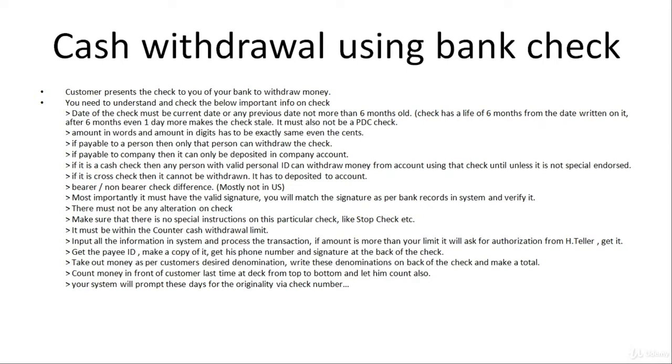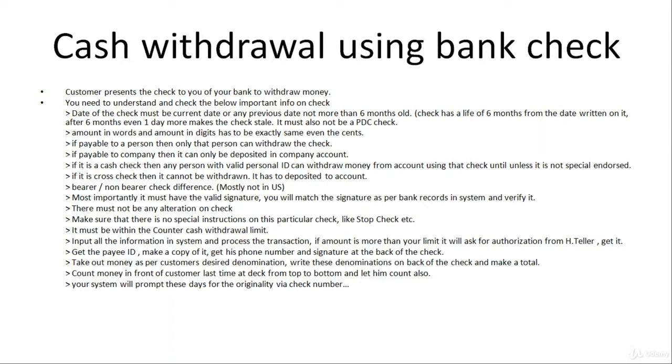If the 6 months have already crossed, if suppose the last day of the 6th month was yesterday and it is gone, and today is the first day of the 7th month, the check is stale. It has matured, it has expired, it is called a stale check.